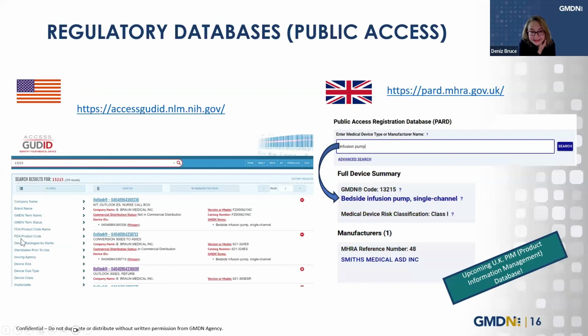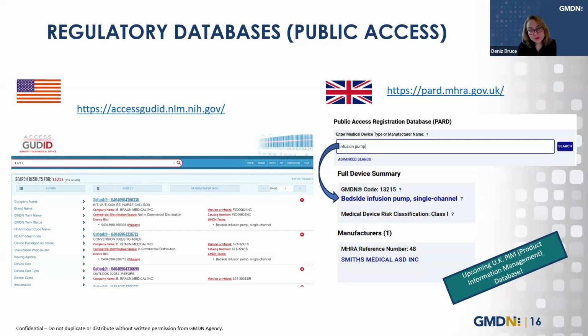Here is an example of how GMDN is displayed in some of the UDI program implementations, and how it can help traceability and speaking the same language between different jurisdictions.